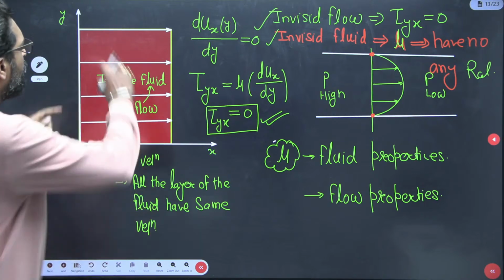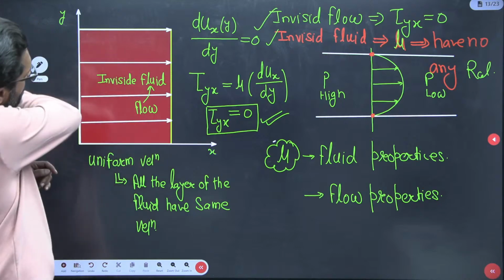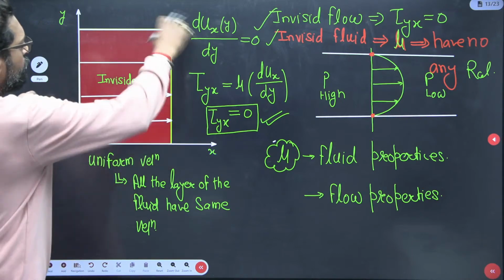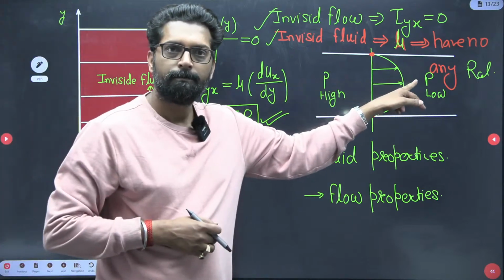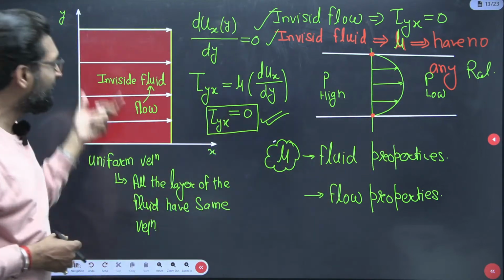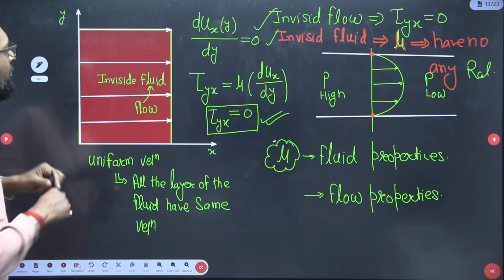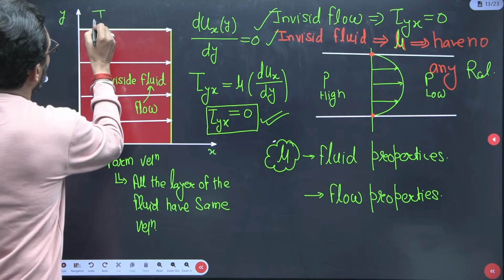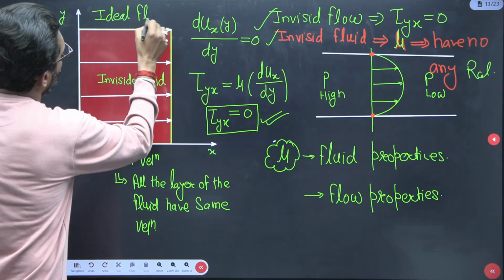High pressure, low pressure, it is not practical, it would be bulging like that. So it is an ideal case. That's why this is called ideal flow.